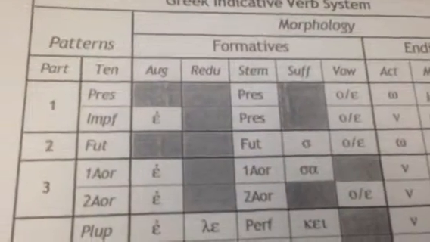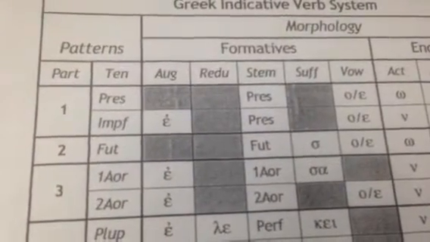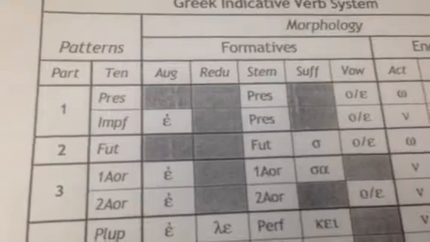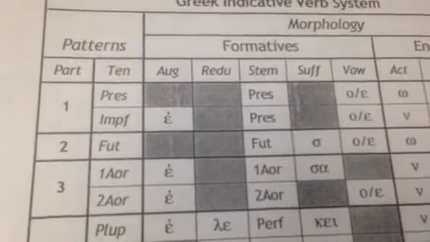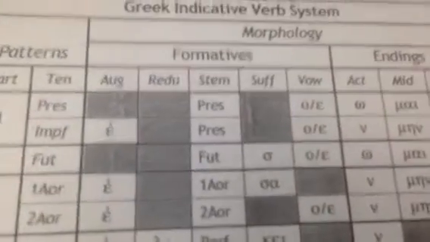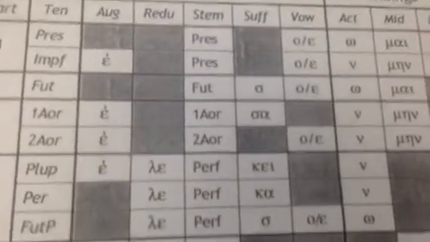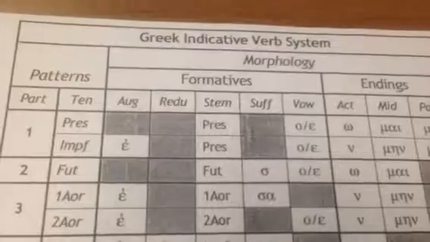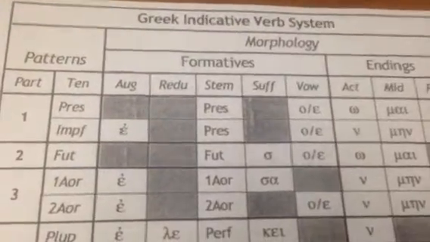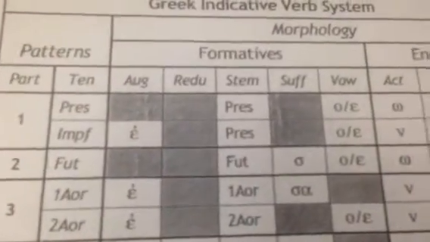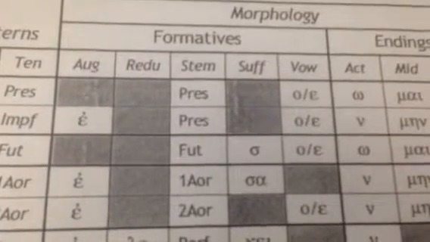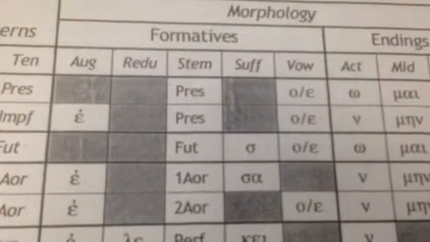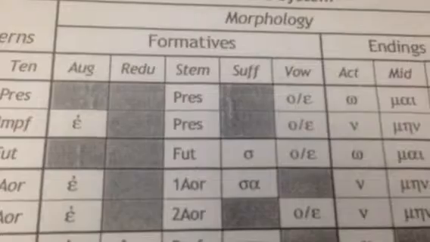So we see that the augment was used for the imperfect, but that the future does not use the augment nor the reduplication. But of course, each one of the principal parts uses the verb stem. And now for the first time, we will encounter the tense suffix. And for the future, that's the sigma.